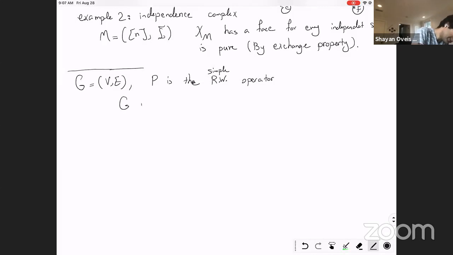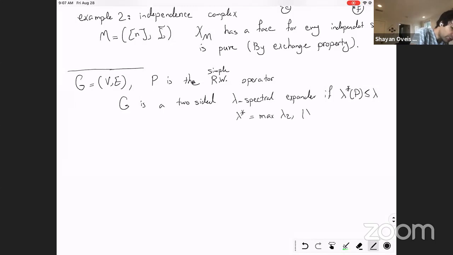Then we say G is a two-sided lambda spectral expander if lambda star of P is less than or equal to lambda. And lambda star is basically equal to max of lambda 2 and absolute value of lambda n. Okay, this is the second largest eigenvalue in absolute value.